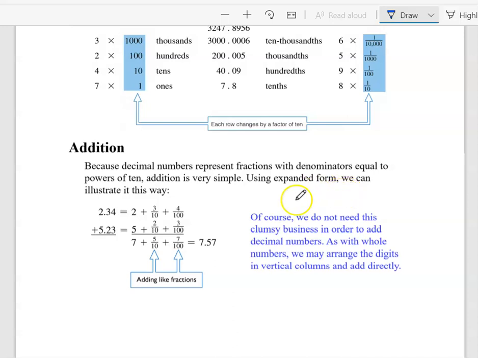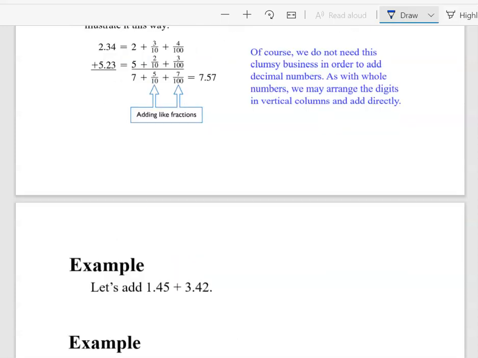Using expanded form, we can illustrate it this way. They've broken it down and written it as fractions, and you can see how they've added the fractions together, and that's how they came up with the answer. Like 4 hundredths plus 3 hundredths ends up being 7 hundredths.